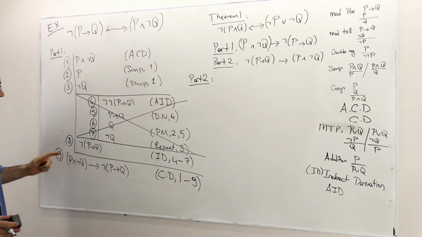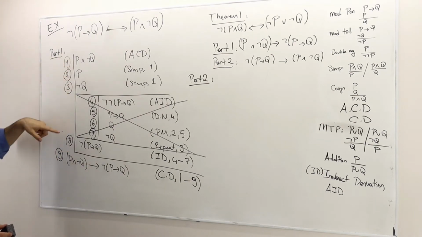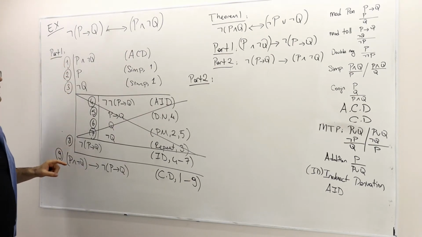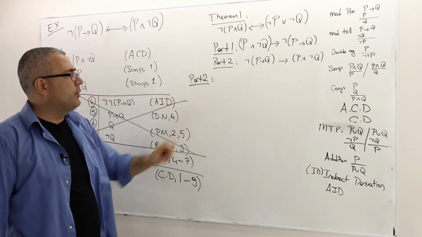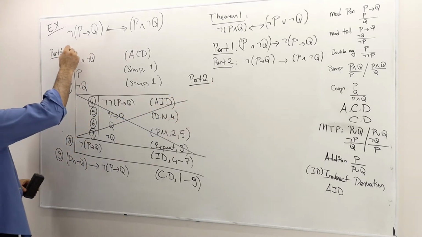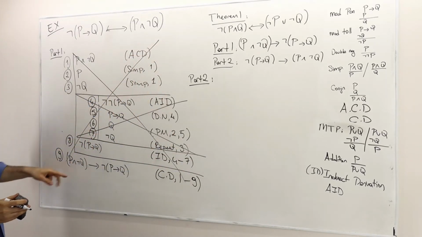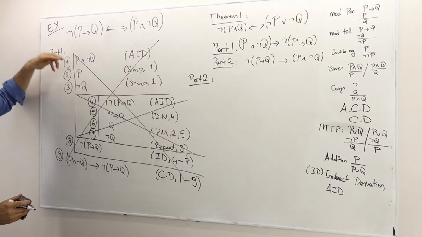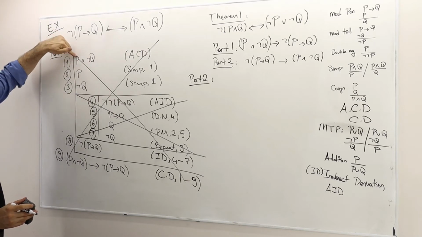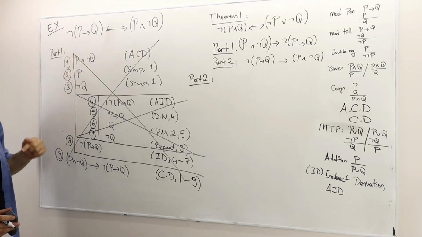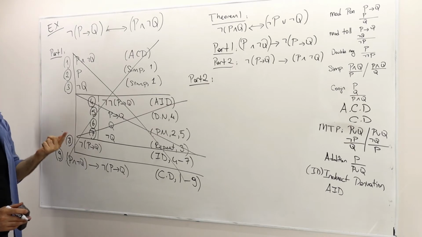All right. What about 1, 2, 3, and 8? Well, when I am in part 2, I cannot use any of those either. Why is that? Well, because everything here depends on the assumption that P and not Q is true. Remember, maybe it is false.